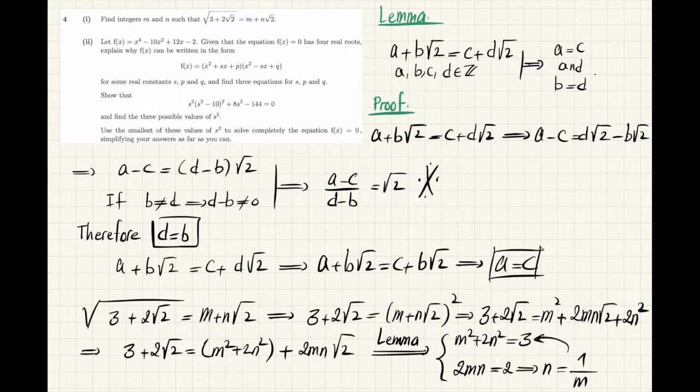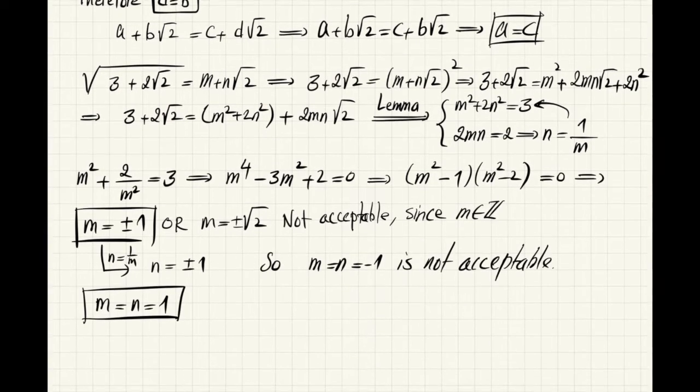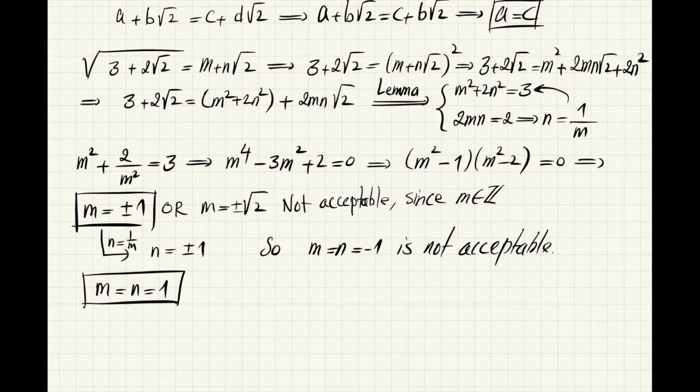Okay, so we know that according to the problem, this equation has 4 real roots. So it means that it can be factorized into 4 linear terms. I just want to explain to you. So here it means that f of x somehow can be factorized in the form of x minus a, x minus b, x minus c, and x minus d.